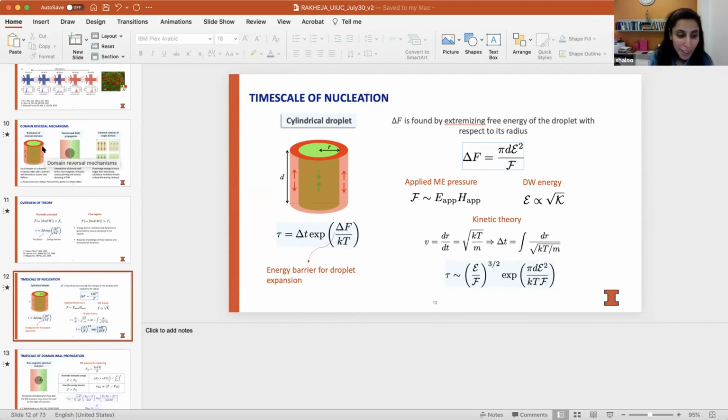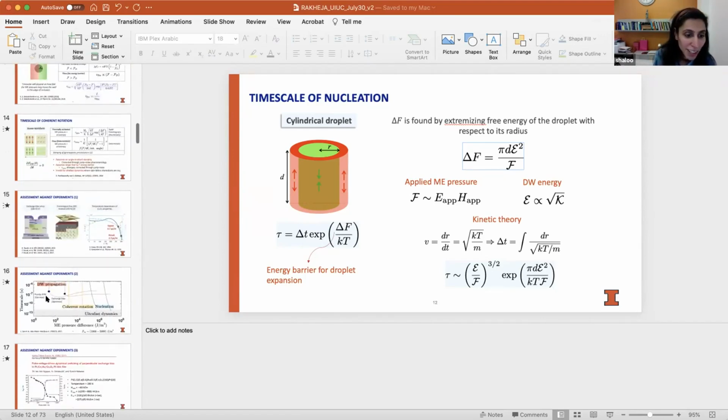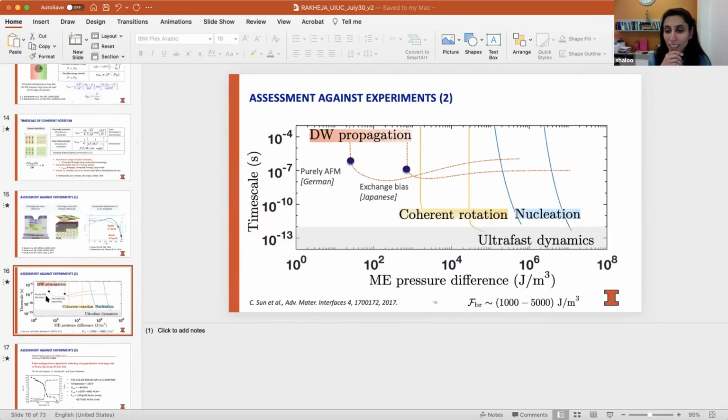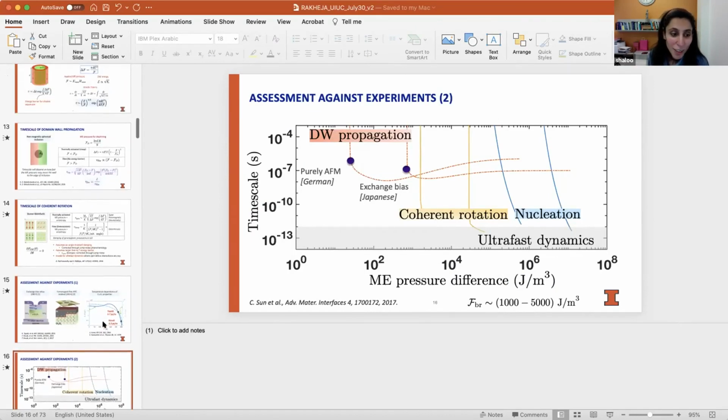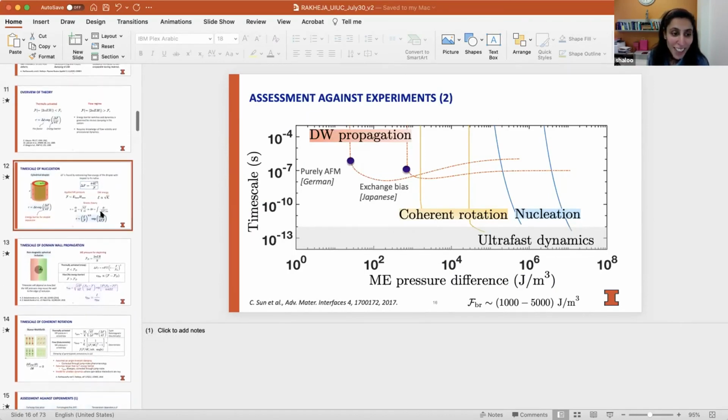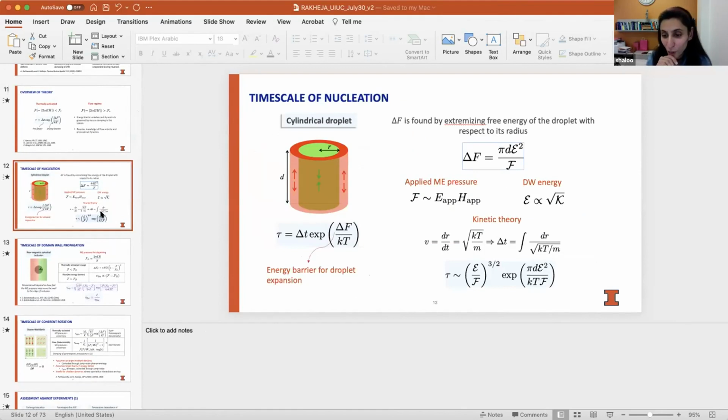Yeah, so you're right that our model is actually diverging. In fact, all the models are like that, you can see over here, right? Again, I have to say that the problem of nucleation of domains in antiferromagnets is a difficult thing for me to say.